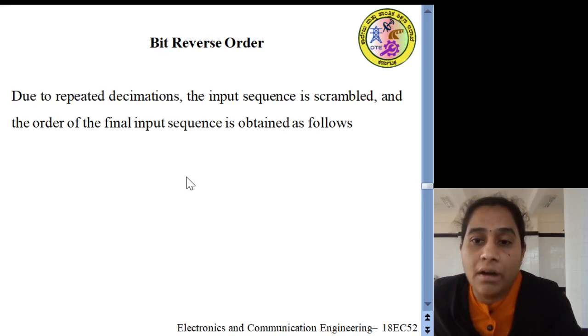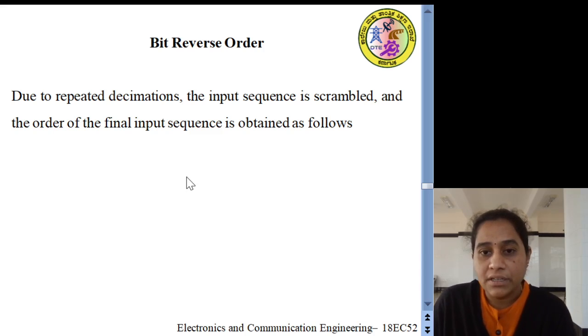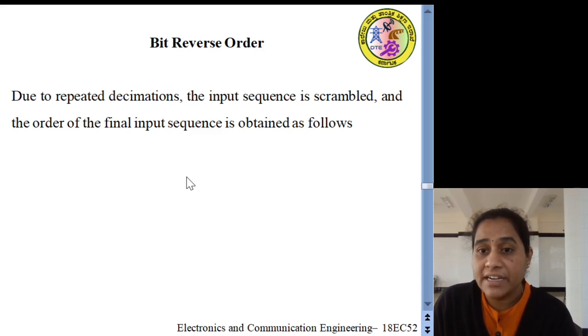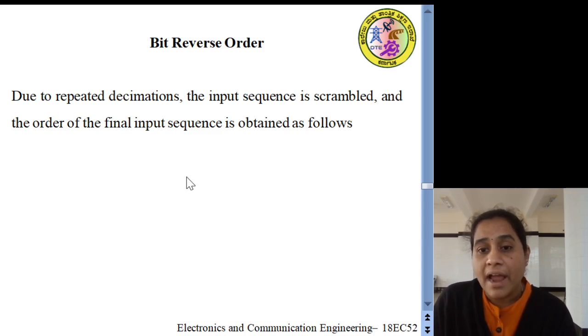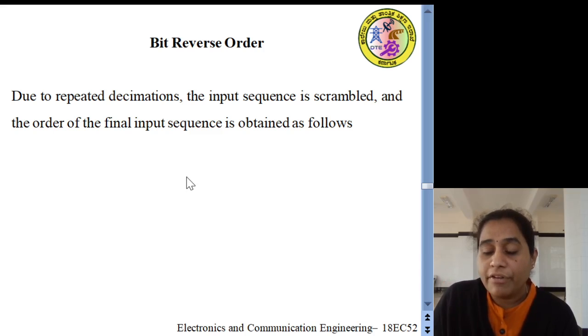We provide the input in bit reversal order because of the repeated decimations. As we saw in the previous slides, because of the repeated decimations, the input sequence gets scrambled, and the order of the final input sequence will be in a different form. We are going to see how we obtain this.